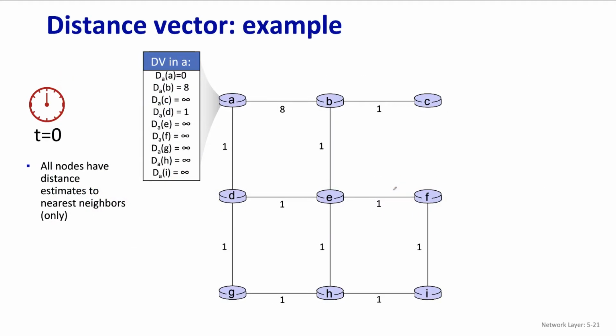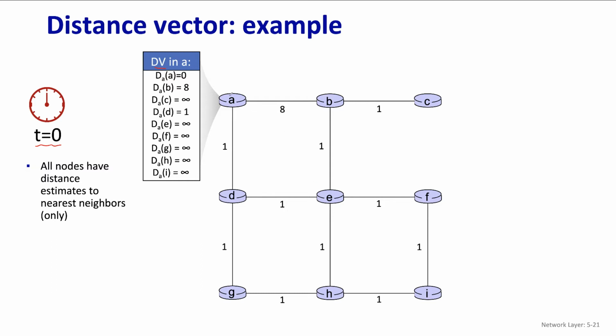Let's take this example here. At T0, which is the initial phase, each router calculates its own DV, or distance vector.